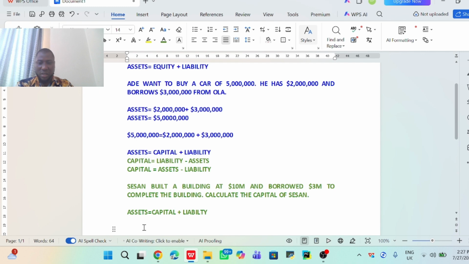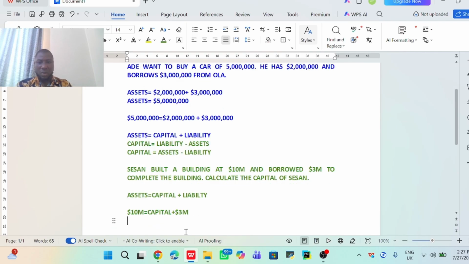So we have 10 million naira equal to the capital. We are not given capital, but we are given borrowings. He borrowed 3 million naira, which is our liability.